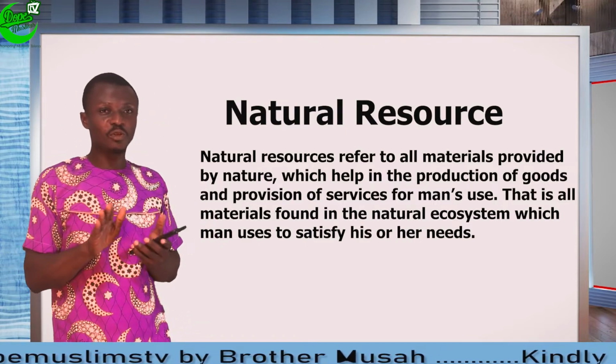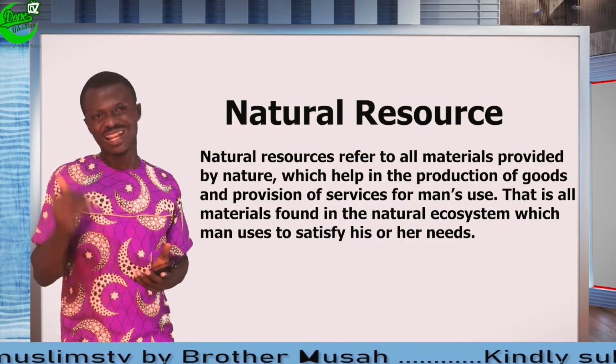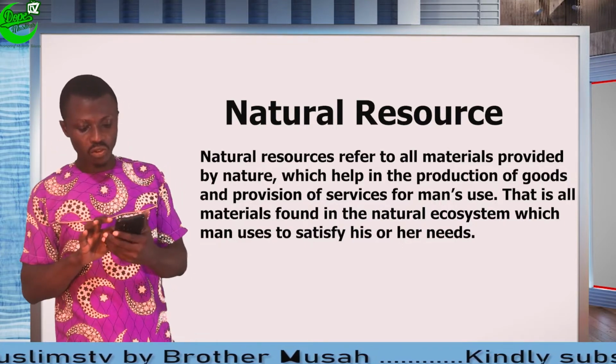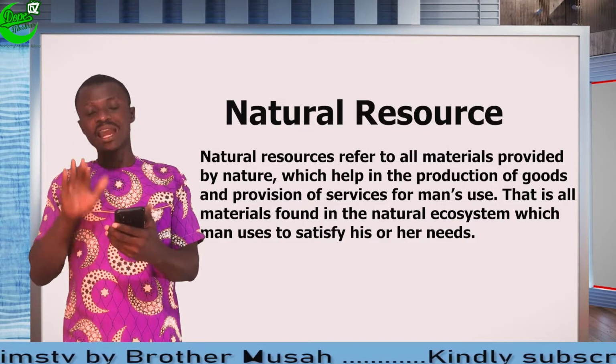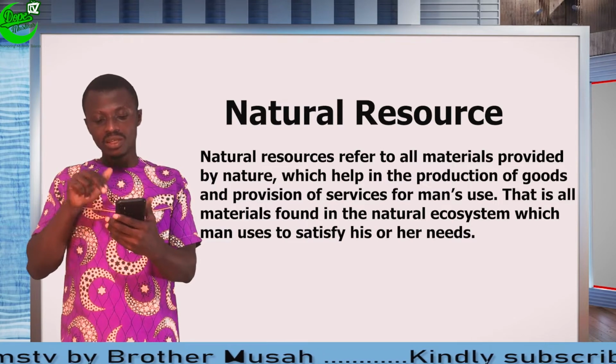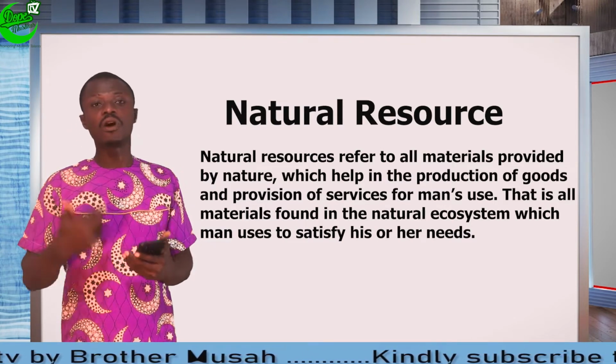So let's not only look at the natural aspect of it, let's also consider the resource attached to it. So natural resource refers to all materials provided by nature which help in the production of goods and provision of services for man's use.